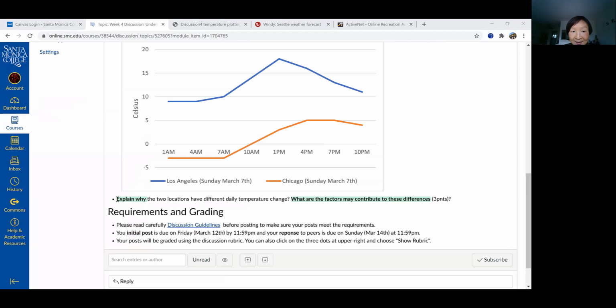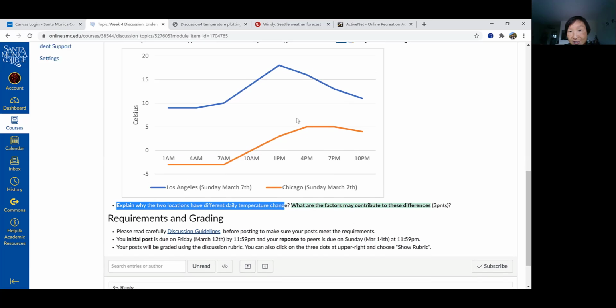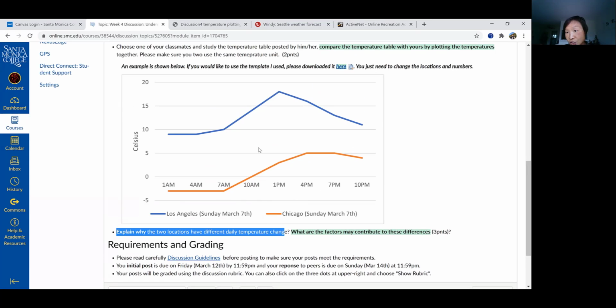And then you want to explain why those two locations have different daily temperature variation. So you can see here, I give you an example about Chicago and Los Angeles. The blue one is Los Angeles. We have a higher temperature, and here we have a lower temperature. Think about what contributes to your long wave radiation, short wave sun radiation.